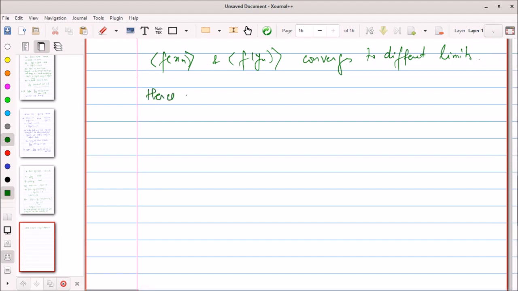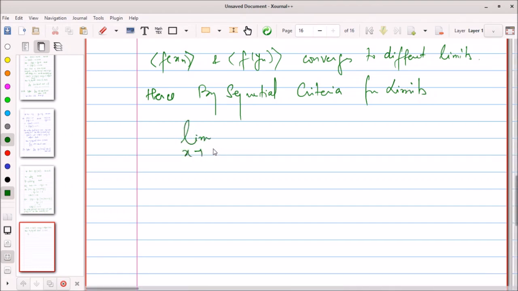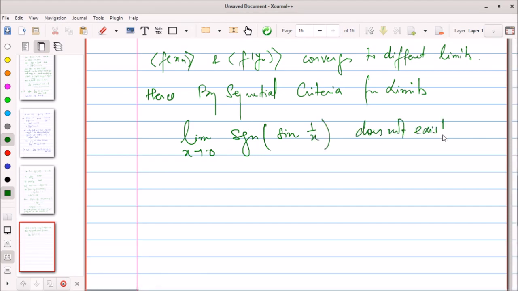Hence, by sequential criteria for limits, limit x tends to 0 of f(x) does not exist in R. So we are done with question number 5.